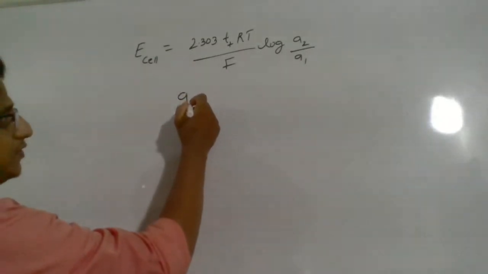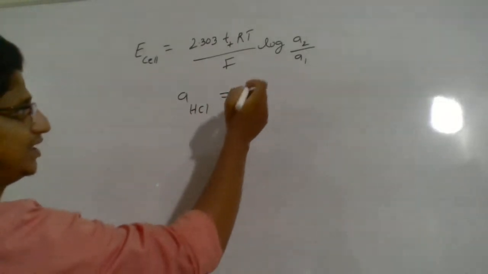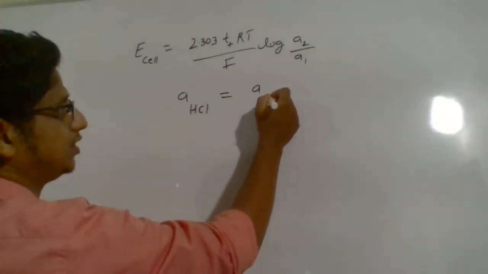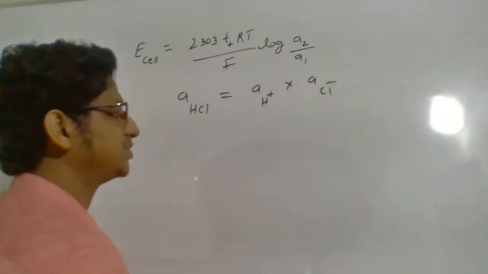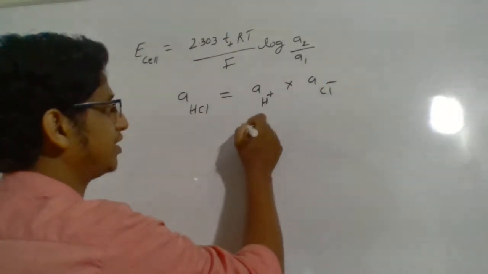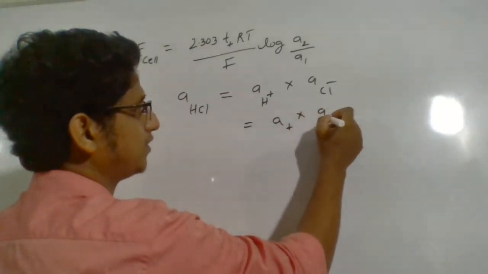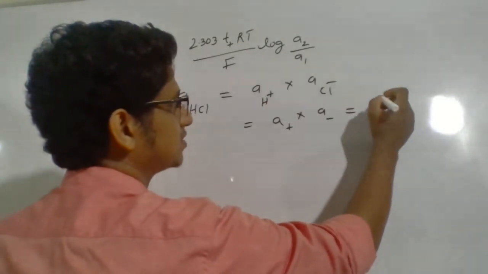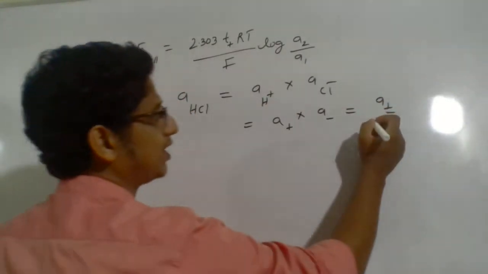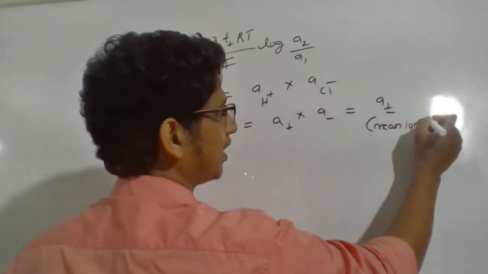We know the activity of an electrolyte, say HCl, is equal to the activity of the cation into the activity of the anion. That is nothing but a plus or minus, the mean ionic activity.